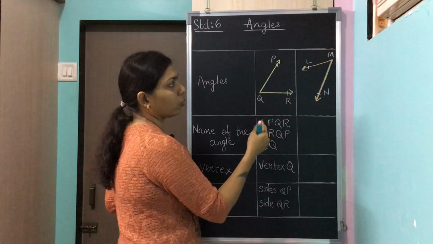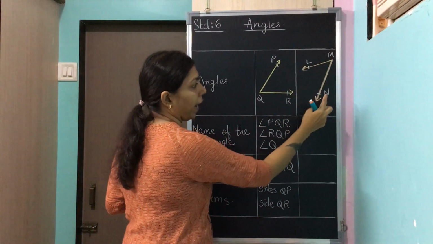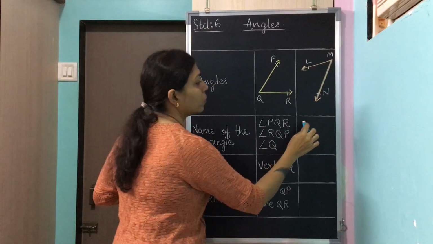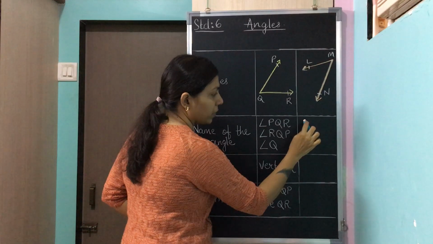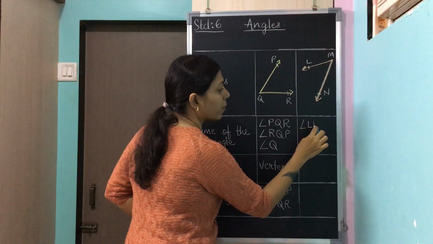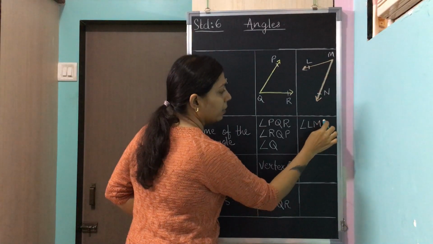Okay, so we'll do the same thing for the other angle which is also drawn on the board. I have an angle over here, angle LMN. Let us name this angle in 3 different manners. The first name is angle LMN.